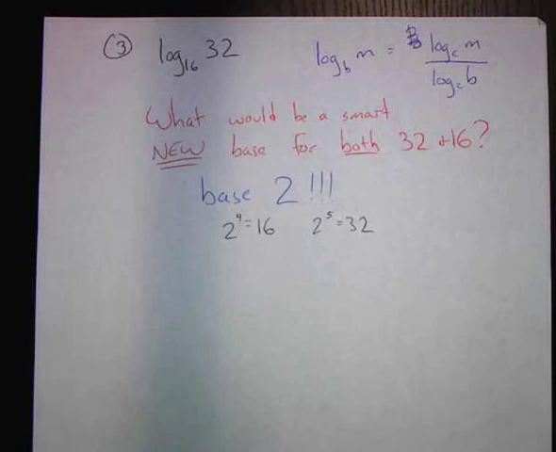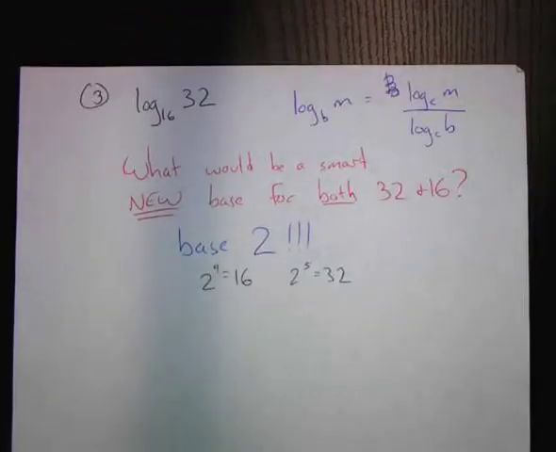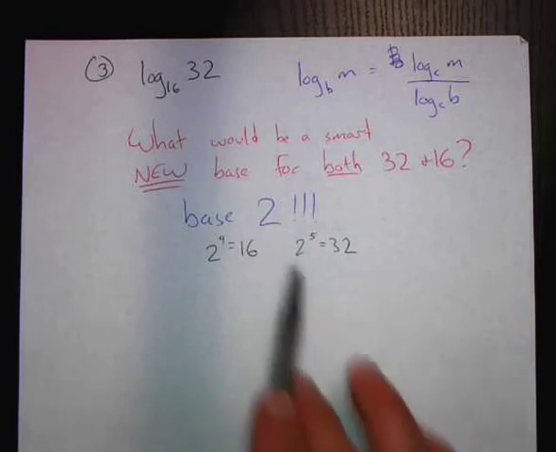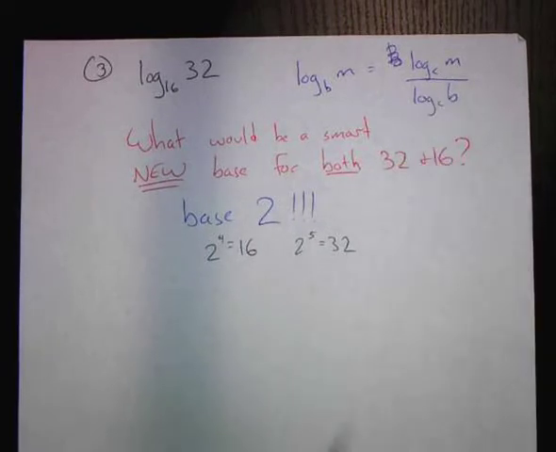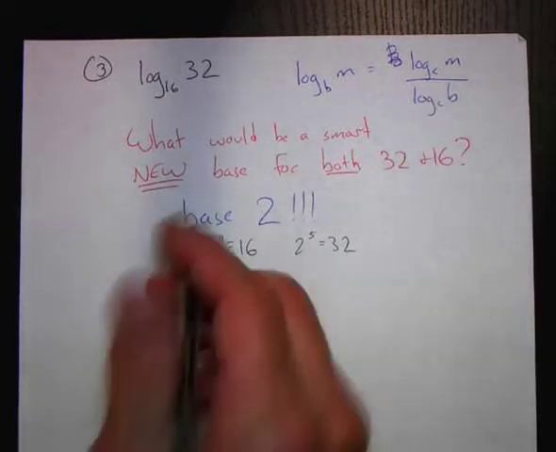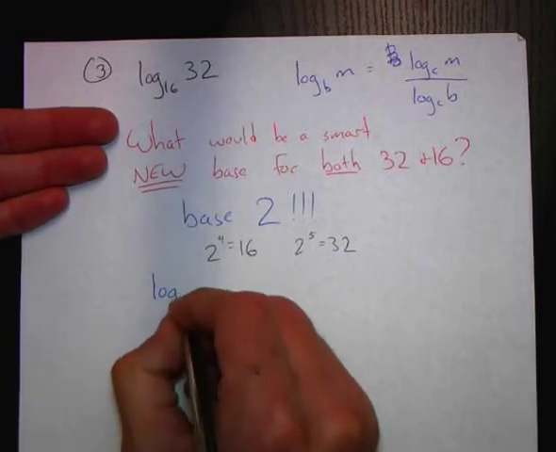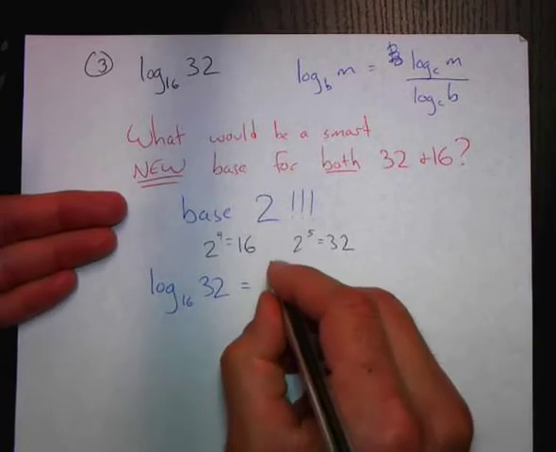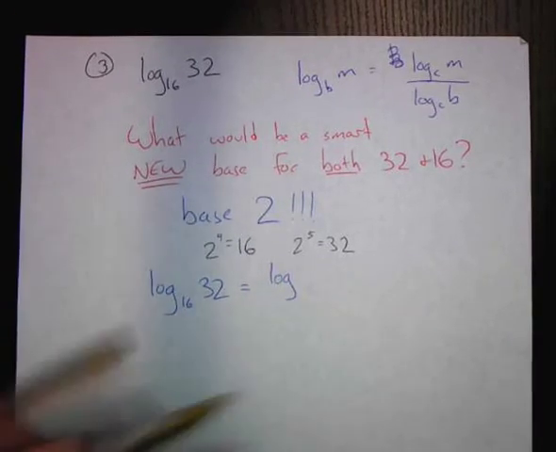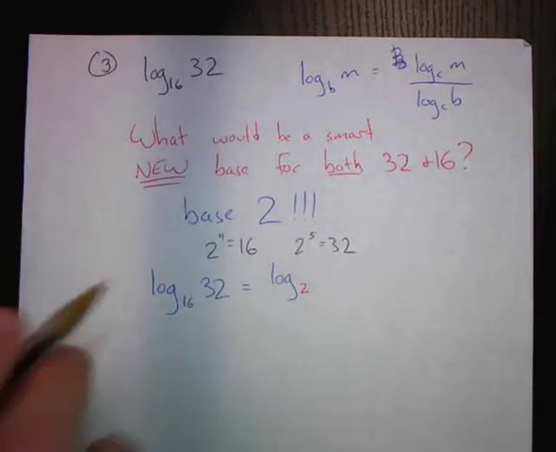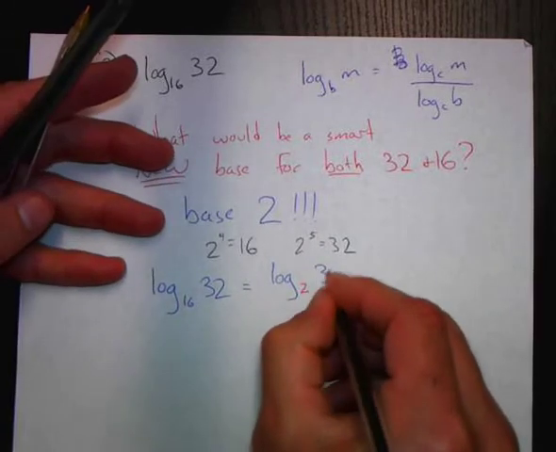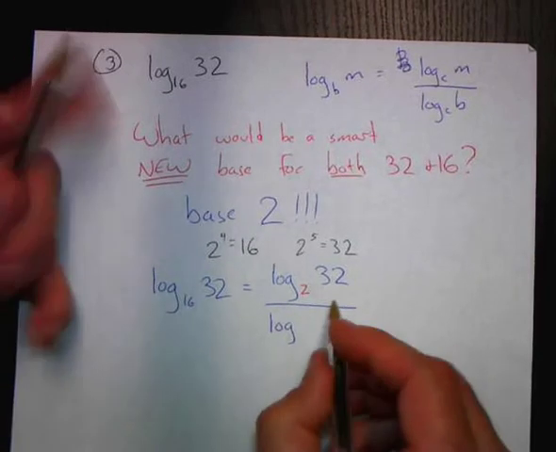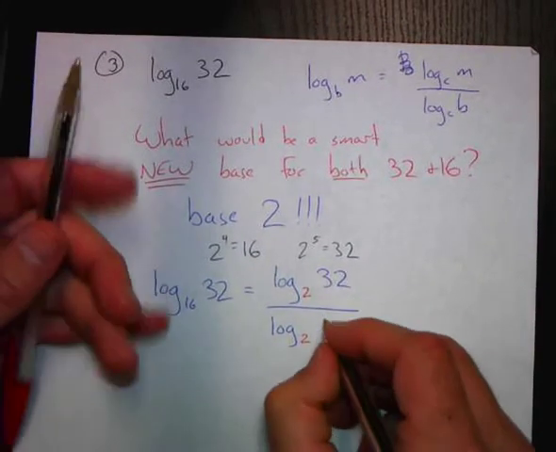So we can use that new base with the change of base formula. That new base is going to be the c. So we have log base 16 of 32 equal to log base 2 of 32, all of that over log base 2 of 16.